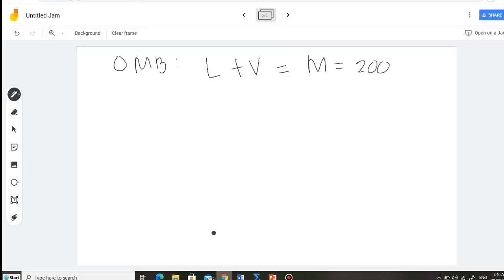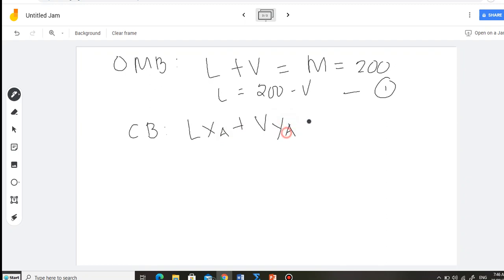So we go back to what we're doing there. We are trying to find this. From this particular material balance, you will have L equal to 200 minus V. So we can have this as our equation 1. Then you can do a component balance. In that case, you will have L XA plus V YA equal to M XAM. I'm making a component balance on the solute because most of the time it's suggested that you do the component balance on the solute.